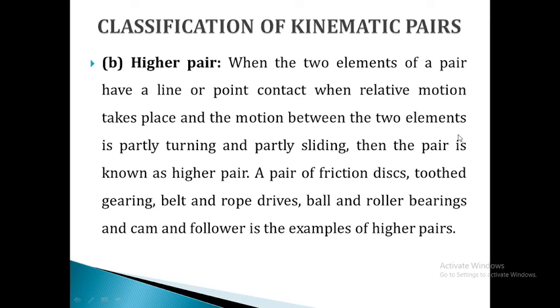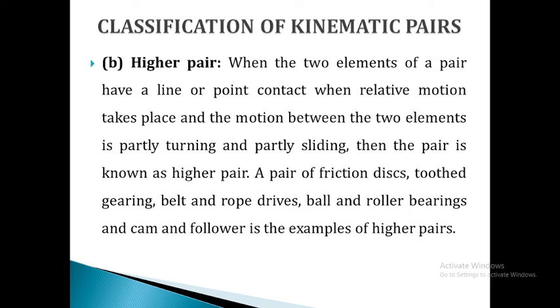Okay, now higher pairs. When the two elements of a pair have a line or point contact, when relative motion takes place and the motion between the two elements is partially turning and partially sliding, then the pair is known as higher pair.